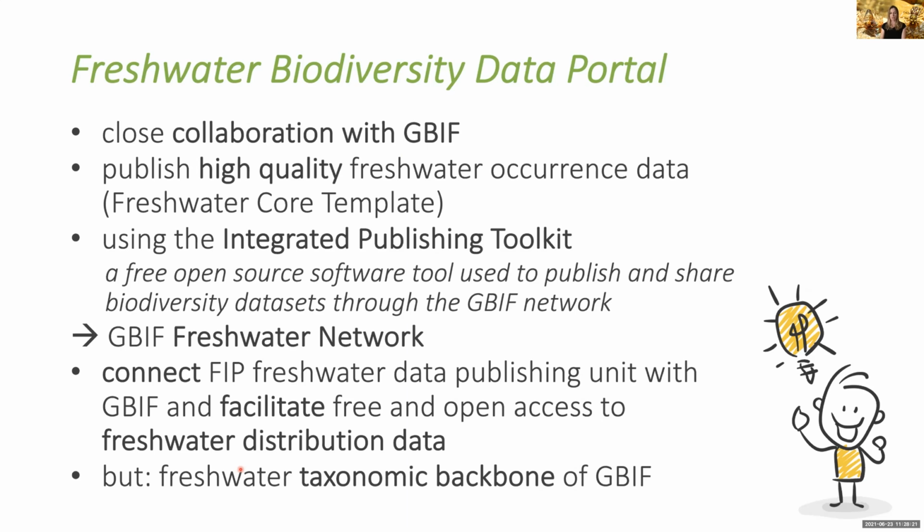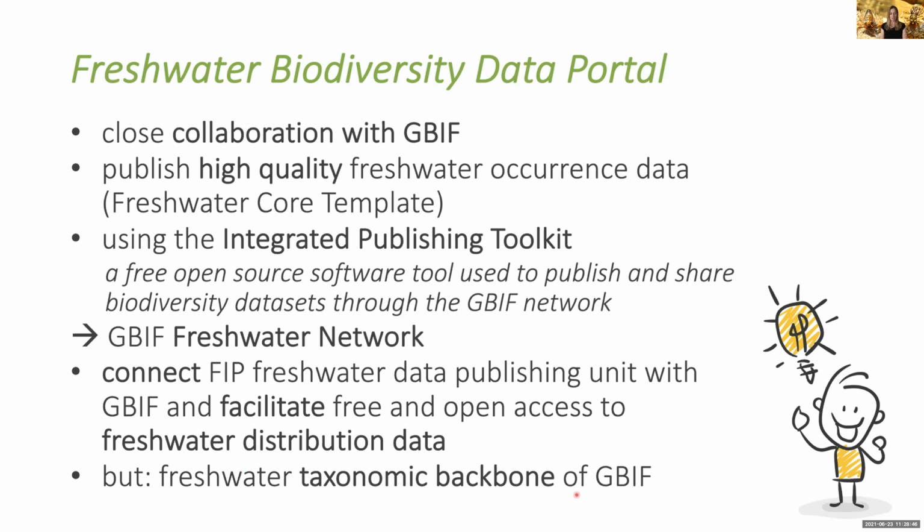Because if you are a freshwater researcher and you approach GBIF, you cannot immediately see which data sets are freshwater data sets and which are other data sets. You can do this through the occurrence, through the species search, but you cannot search for freshwater data sets as a whole. And this is what we wanted to change with this freshwater network.